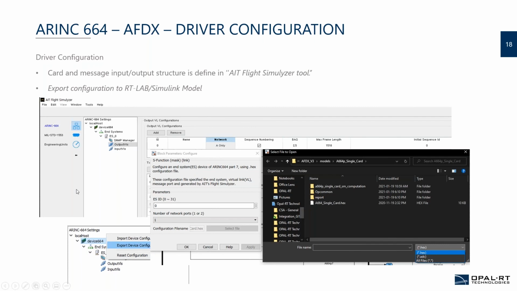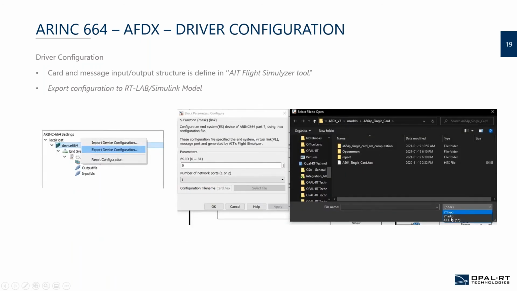Then, when everything is configured, you export the device's configuration. It will be a binary file, either a .hex, which is the old format, or the new format from the latest software, which is ADC.